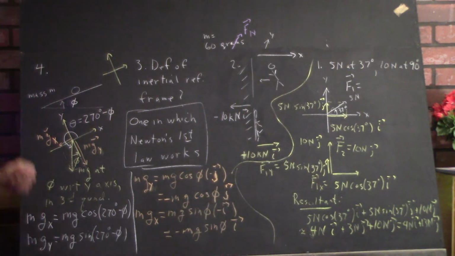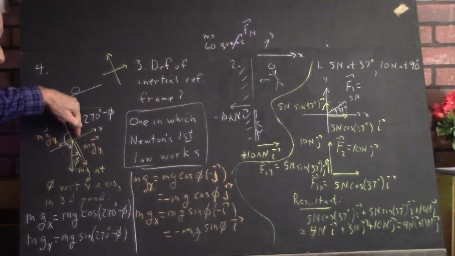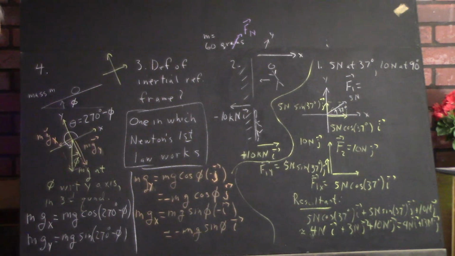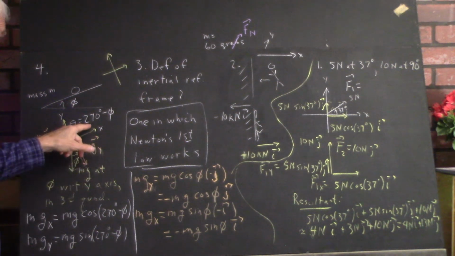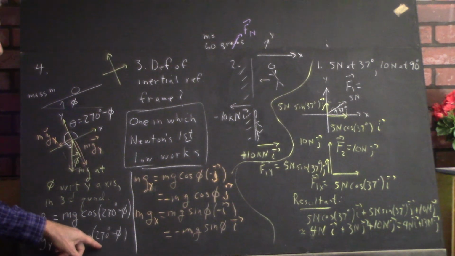It's more efficient to use this angle theta from the positive x-axis measured counterclockwise around to your vector, because if you do, the x component is always the magnitude times the cosine of this angle, and the y component is always the magnitude times the sine of this angle.